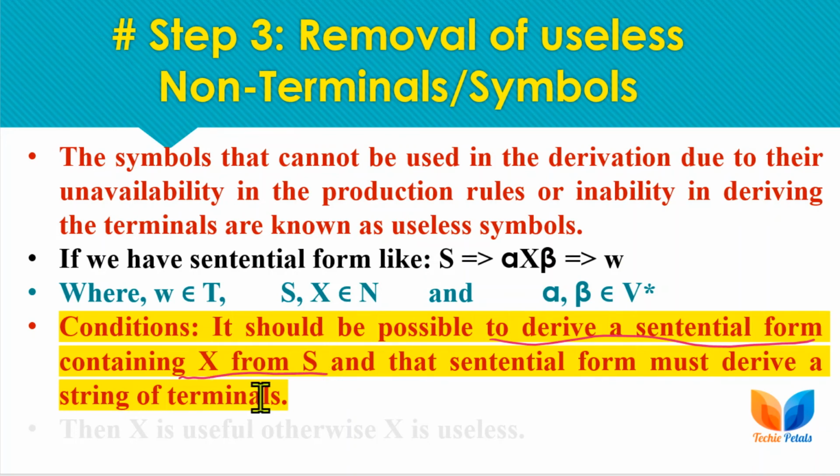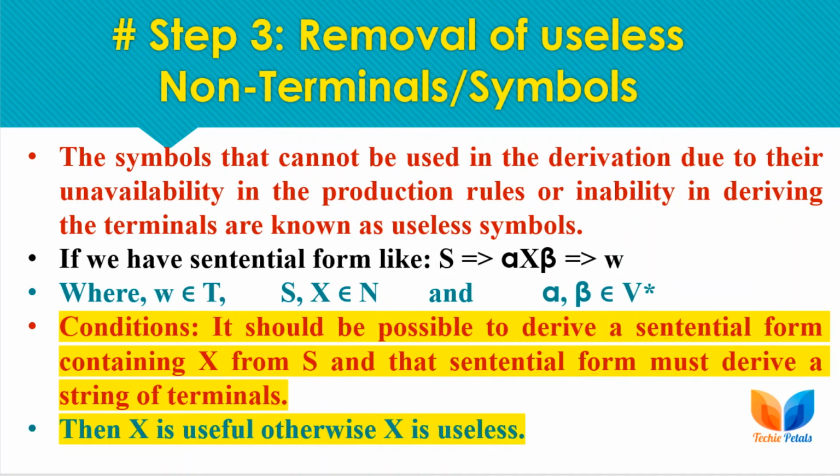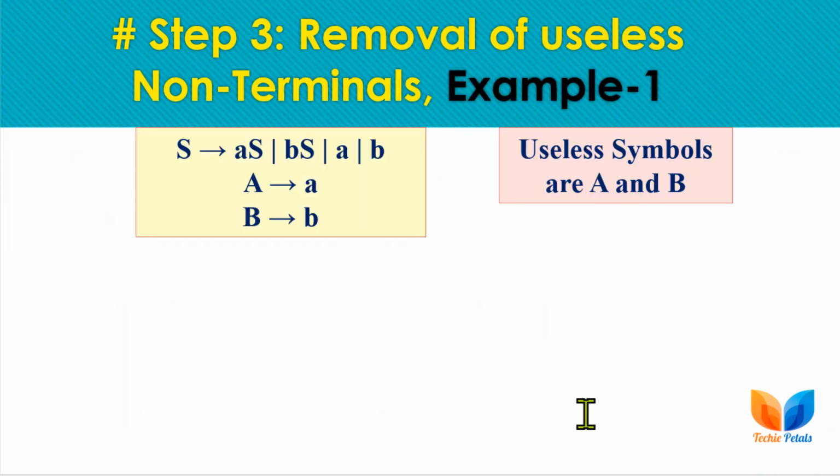Second condition: that sentential form must derive a string of terminals. Only then can we say that X is useful, otherwise we can declare X a useless symbol. And if X is useless, then we can remove all the production rules that have X on the right-hand side.